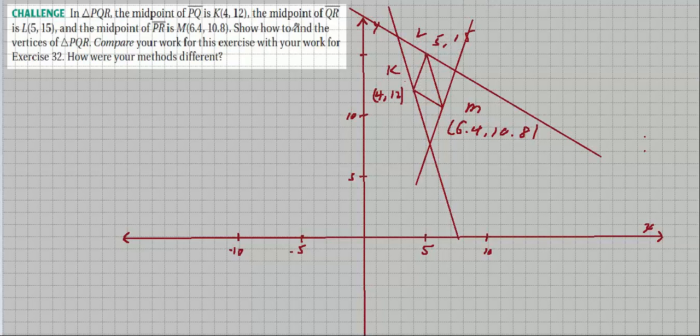And in theory, we have the slope and a point on the line, so we could definitely come up with the equation for this line, and an equation for this line, and an equation for this line. We set the equation for this line equal to the equation for this line, and what do we get? We'll get an intersection point here. And then we set this line equal to this one, we get an intersection point here, and we set the equation for this line equal to the equation for this line, and we'll get this intersection point right here.